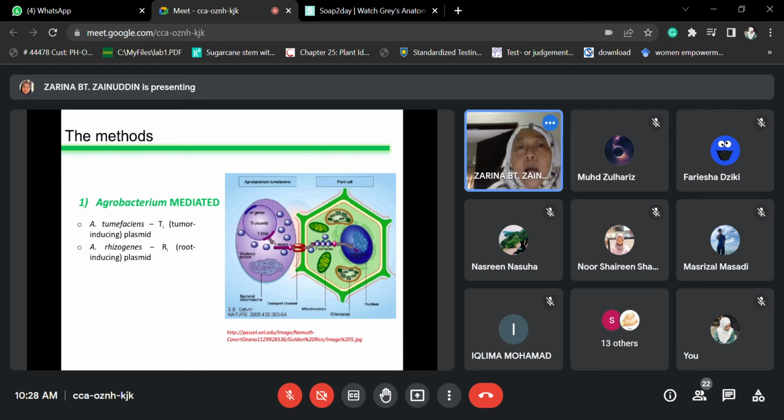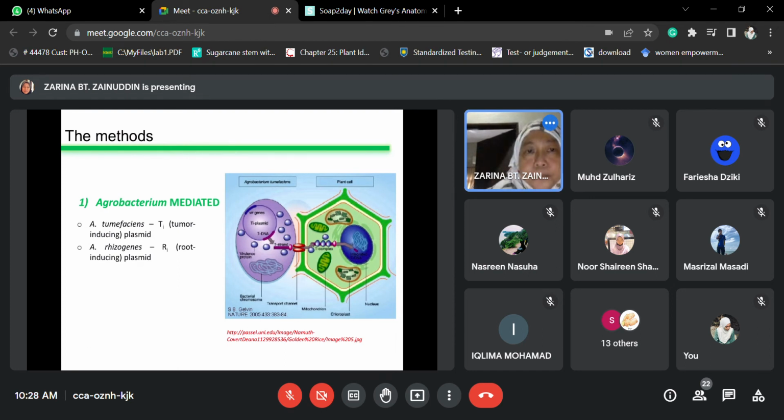And another type of agrobacterium is agrobacterium rhizogenes. This agrobacterium contain Ri plasmid, which is root-inducing plasmid. So in nature, agrobacterium rhizogenes ni, kalau infect the plant, dia akan menyebabkan plant ni produce more roots.